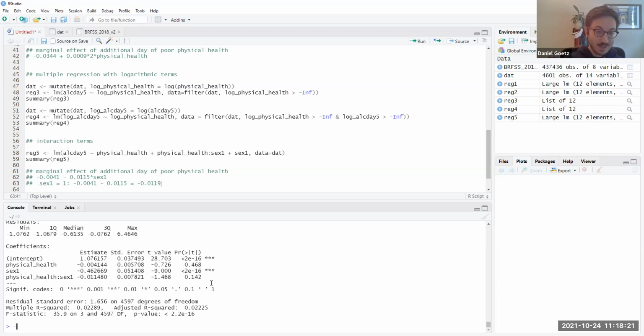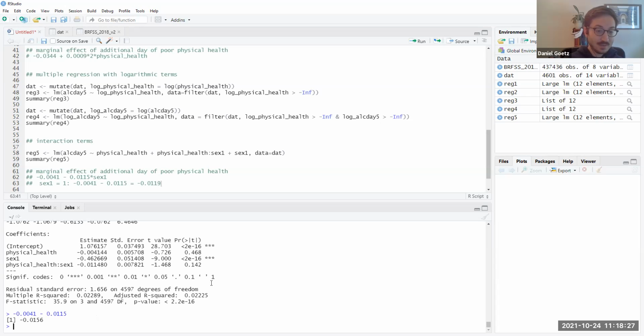Actually, why am I taxing my brain like this? Negative 0.0041 minus 0.0115. Okay, very good. Negative 0.0156.